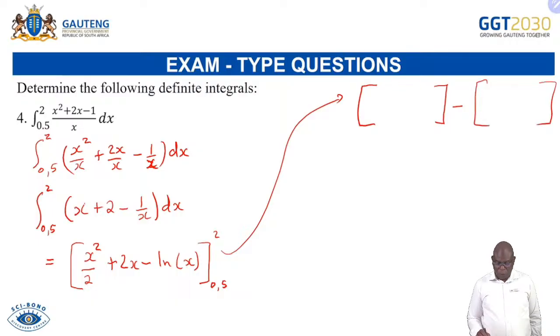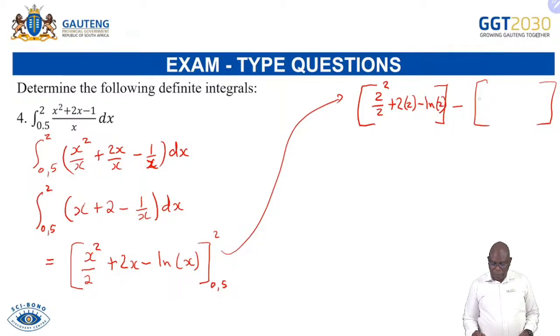Right? So the upper, we're substituting by 2. So it will be 2 squared over 2 plus 2 into 2 minus ln of 2.